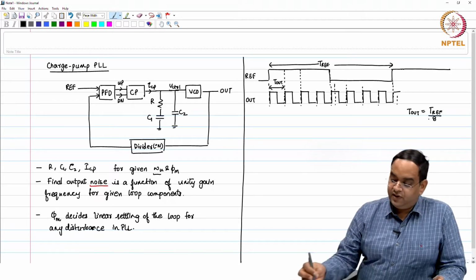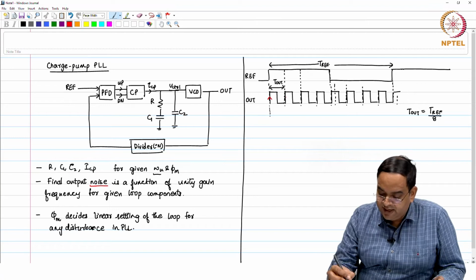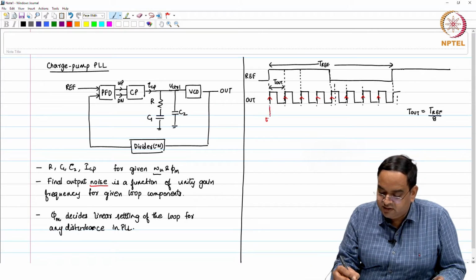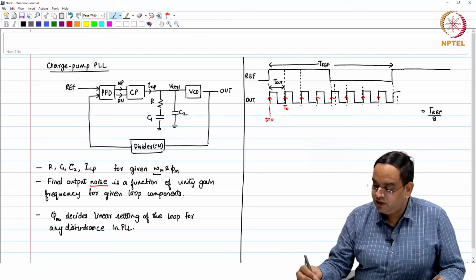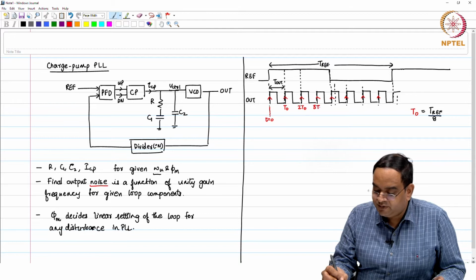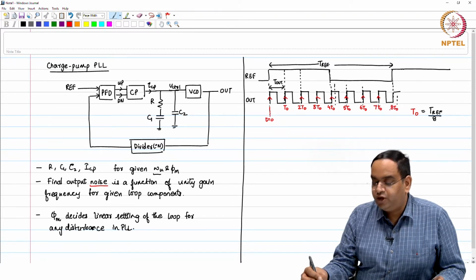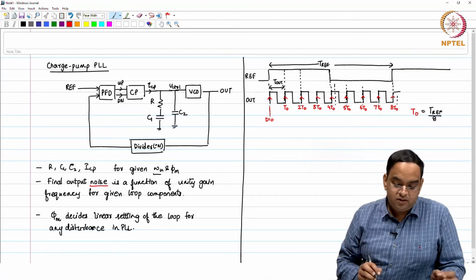If I look at the time stamps of the rising edges of this output clock, they start with t equal to 0, then t equal to T out, 2 times T out, 3 T out, 4 T out, 5 T out, 6 T out, 7 T out, 8 T out, and so on. These are the ideal time stamps of the rising edges of the clock.